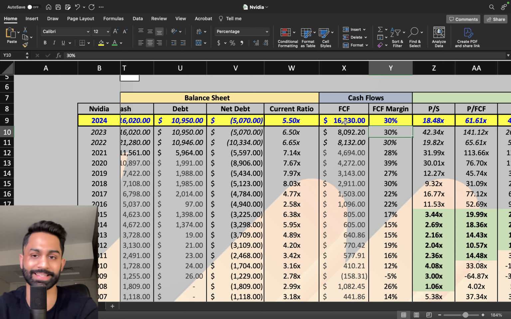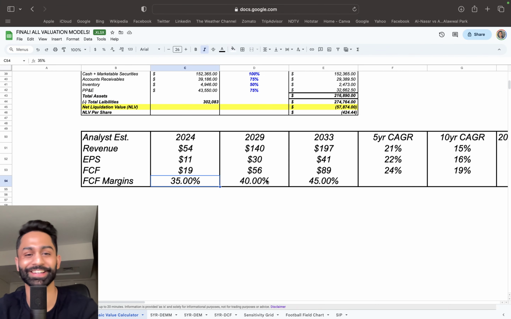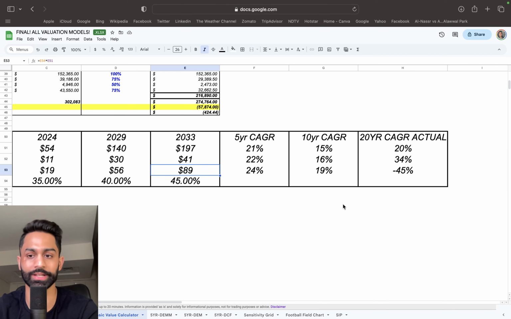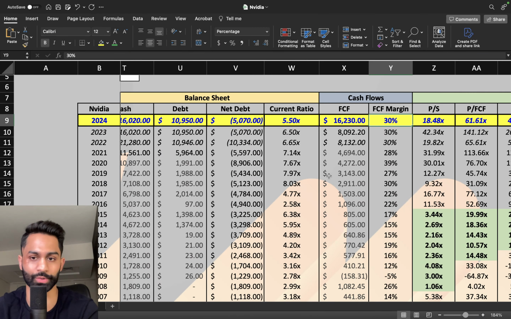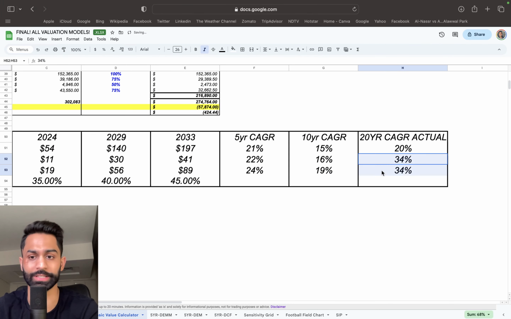But I want to be optimistic in this scenario with a 35% margin at $19 billion, $56 billion for 2029, and then $89 billion in 2033. That's a 24% growth and a 19% growth. In the past, the free cash flows have grown by 34%, very similar to the net income.